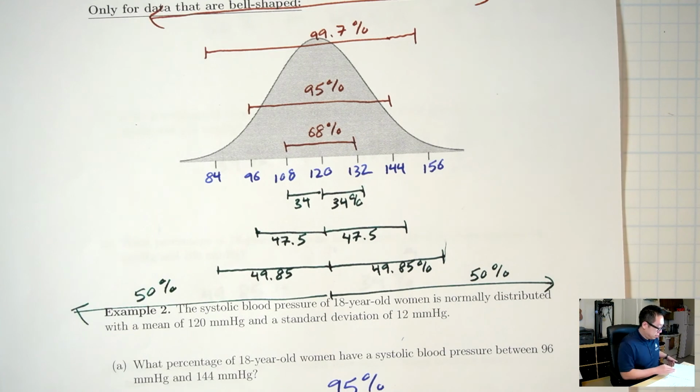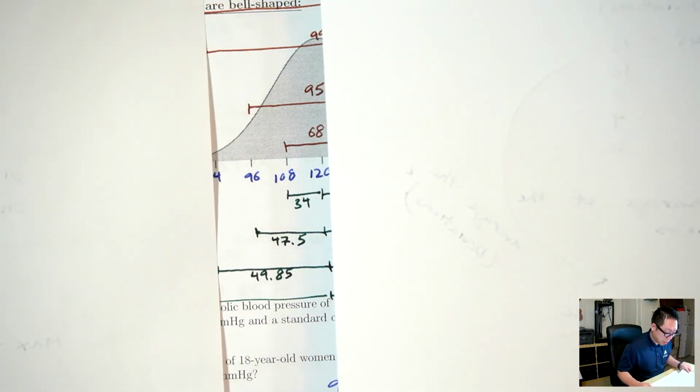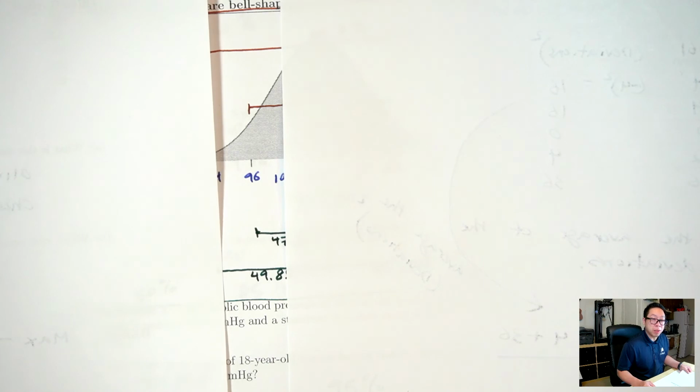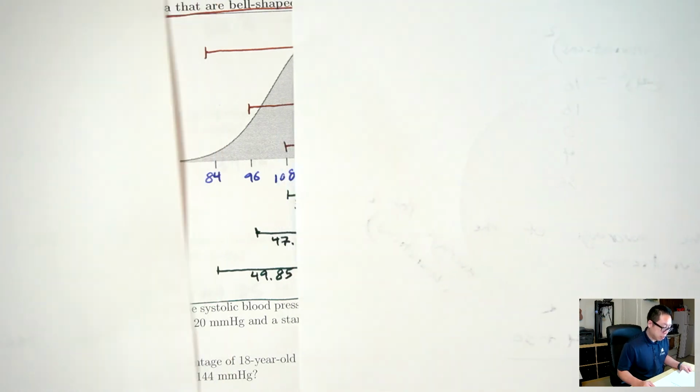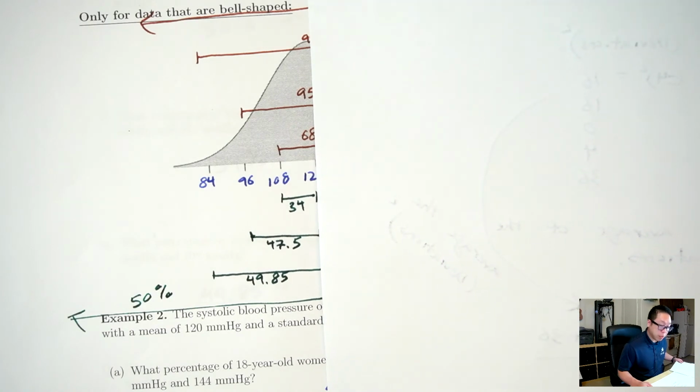But let's think about this in terms of, do we want a small piece or a big piece? 84 to 108 is pretty small, so I expect my answer to be small. Definitely less than 50% for sure, because 50% would be 120 all the way to the left.